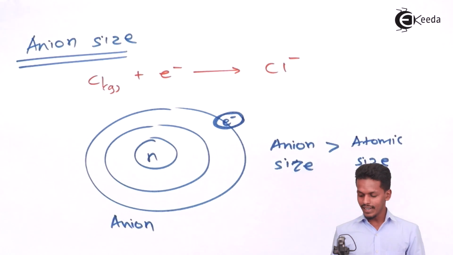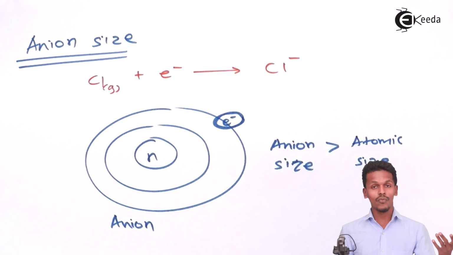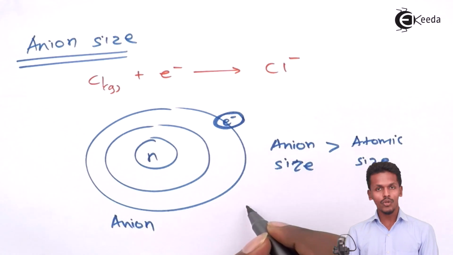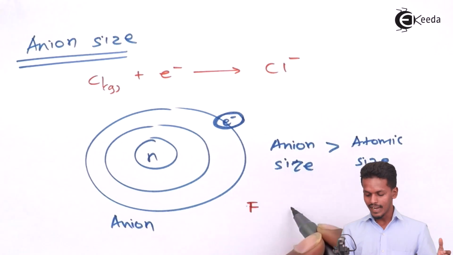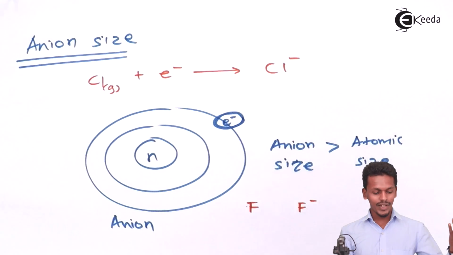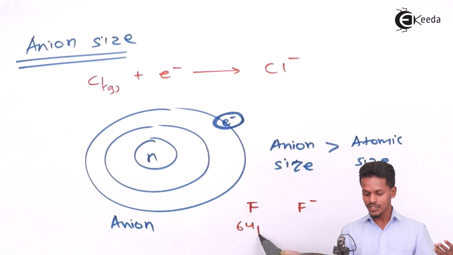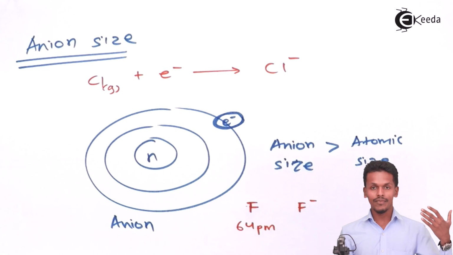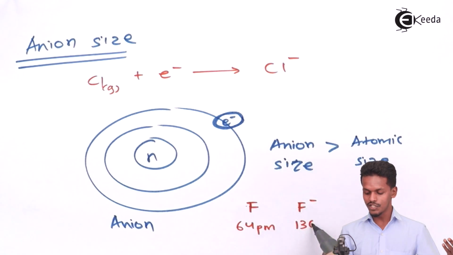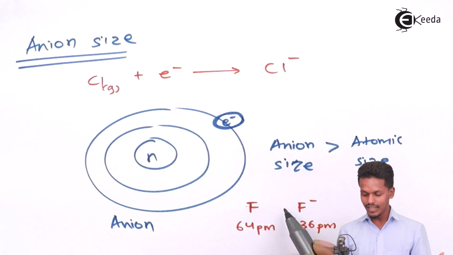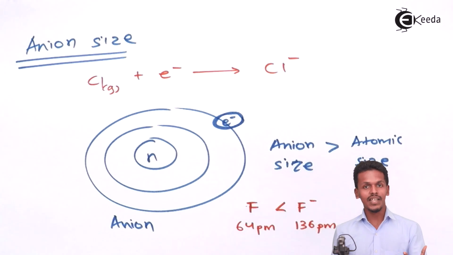For fluorine, when we talk about fluorine as an atom and fluorine with a negative charge, the atomic size is 64 picometer, while that of the fluorine anion is 136 picometer. This is a great difference: fluorine with a negative charge has a larger size, 136 picometer.